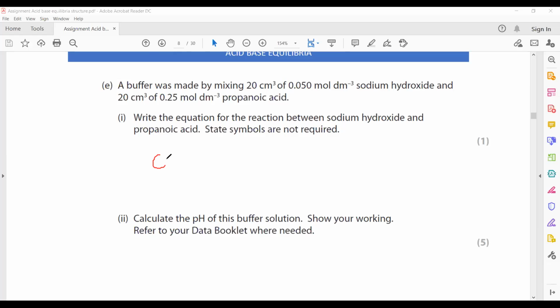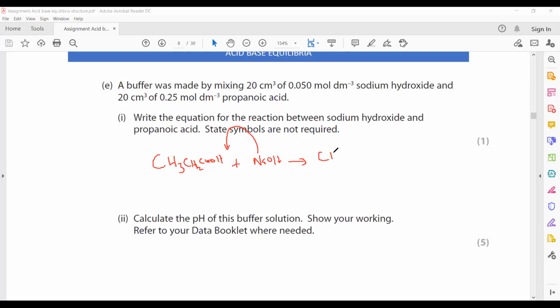Acids are proton donors. So propanoic acid, CH3CH2COOH, reacted with sodium hydroxide. Sodium will take the position of hydrogen.